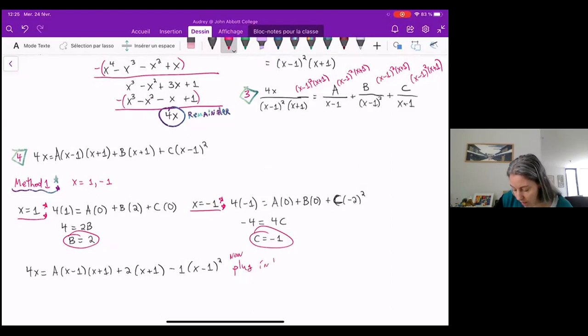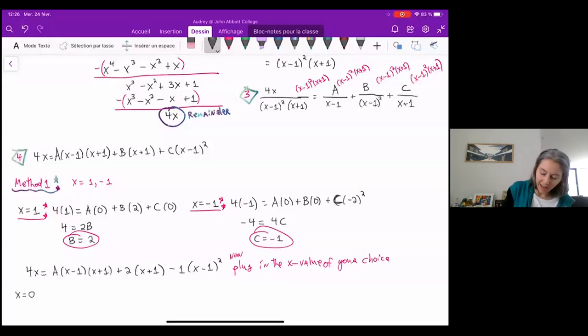Now plug in the x value of your choice. So that x value could be 2,764, it could be -91, but there are of course intelligent x values. I have not yet plugged in 0, so that's going to be a really good plan. So I will plug in 0, but again, I stress that's just because it's easy to plug in.